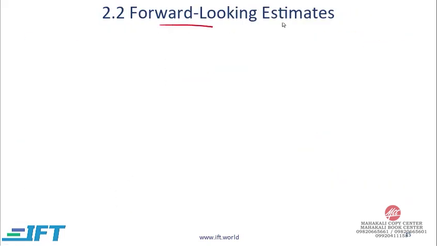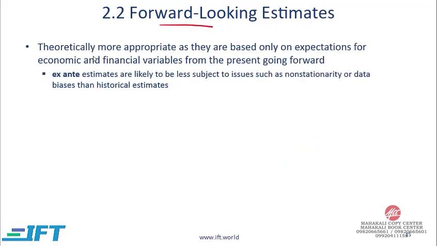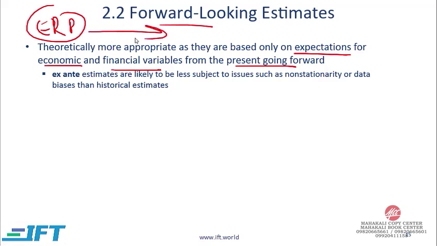Moving now to forward-looking estimates. Forward-looking estimates are theoretically more appropriate because they are based on expectations for economic and financial variables from the present going forward. Remember, we talked about equity risk premium being forward-looking. So it makes sense to take forward-looking estimates. Ex ante, or numbers that we anticipate, forward-looking numbers.